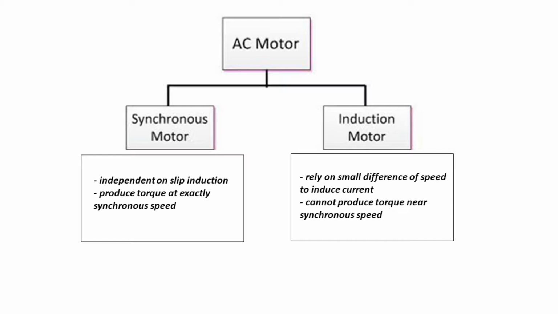As a result, it cannot produce torque near synchronous speed. In contrast, the synchronous motor is independent of slip induction for operation. The synchronous motor produces its rated torque at exactly synchronous speed.